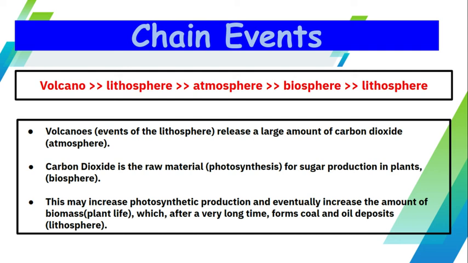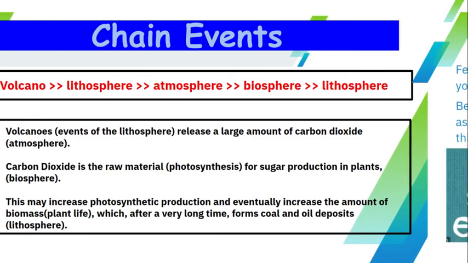So you have all this cloud dust and carbon dioxide, which increases plant life. Plants eventually die. When they die and decompose, plants form the basis for fossil fuels: oil, gas, and methane.